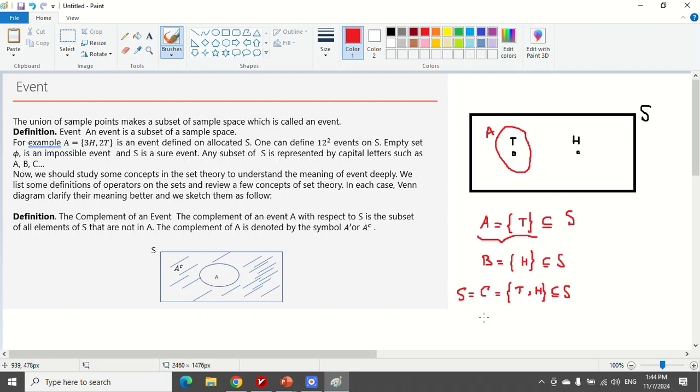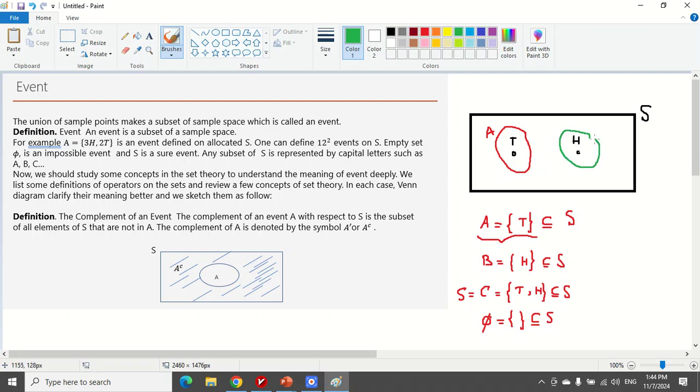And also we have another type of set that we call the empty set, and we denote it by phi. This phi contains nothing, means that it contains nothing over here. In the braces we will not write even a comma or anything else. This type of set is denoted by phi, and it's a subset of S as well. These are all the possible subsets that we can consider here.